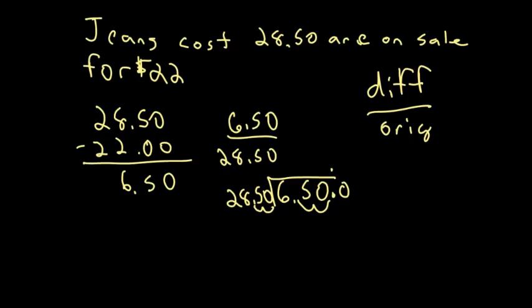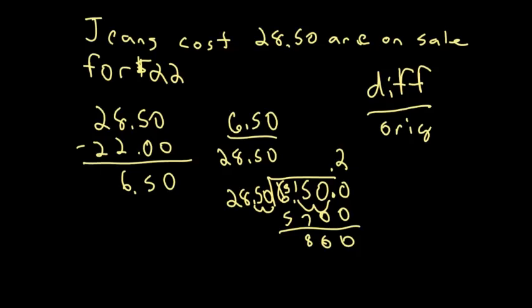So now 6,500 divided by 2,850, and it'll go in there 2 times, which is 0.075.